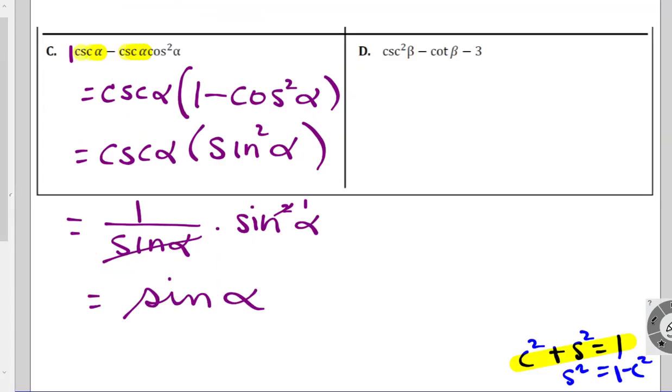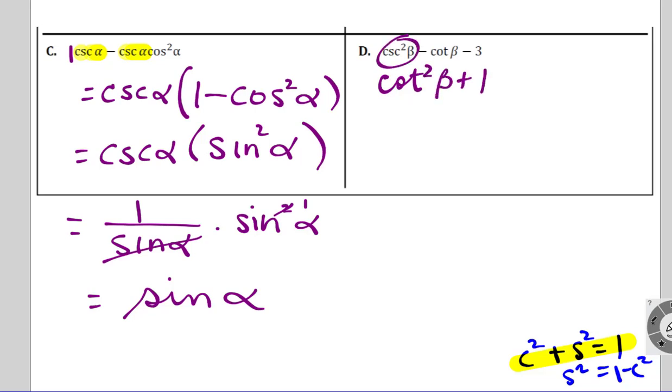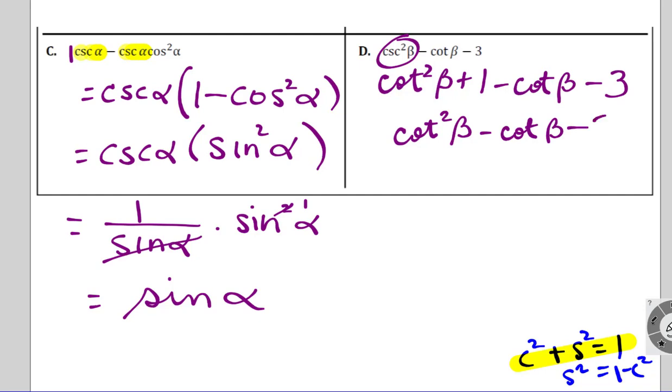So we get cotangent squared beta plus 1, that's this piece, minus cotangent beta minus 3. And so we get cotangent squared beta minus cotangent beta minus 2. And that looks easier.